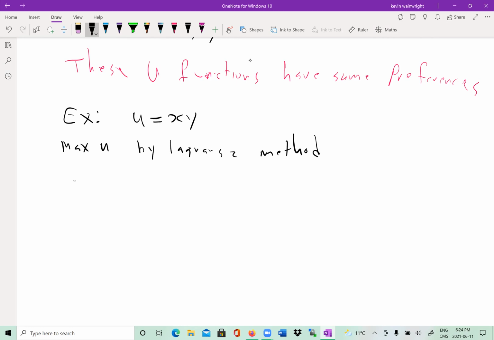So I set up my Lagrange: utility function x times y plus lambda times (b minus pxx minus pyy), because b minus pxx minus pyy is equal to 0.